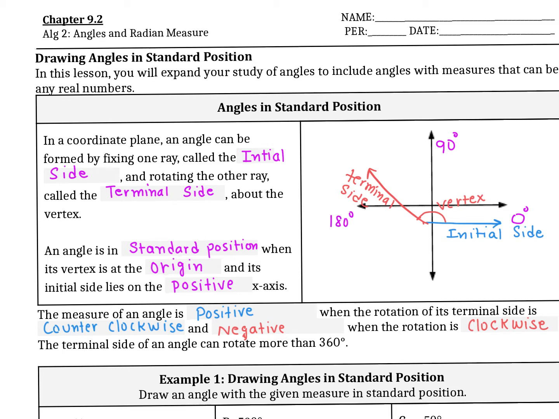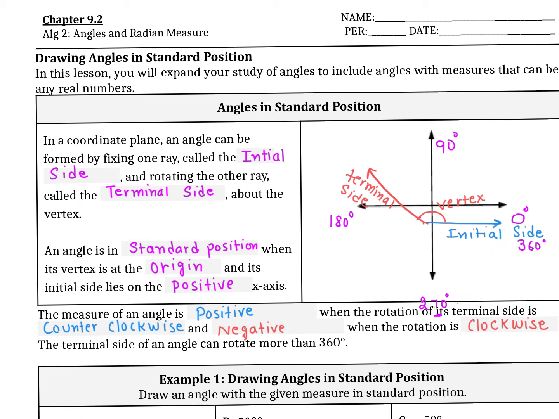Add another 90 to 180, you get 270. And add another 90 to 270, you get 360 degrees. Each quadrant is made of 90 degrees: 90 plus 90 is 180, 180 plus 90 is 270, and 270 plus 90 is 360.